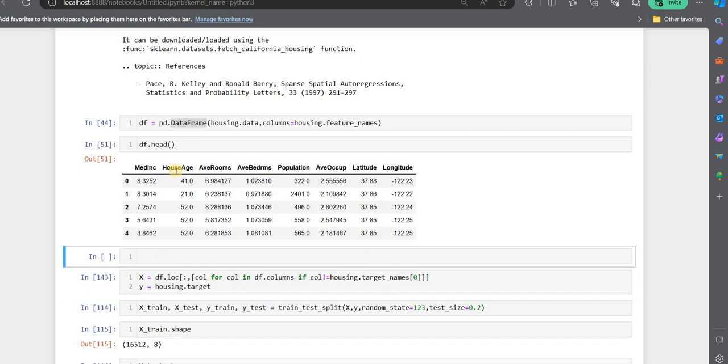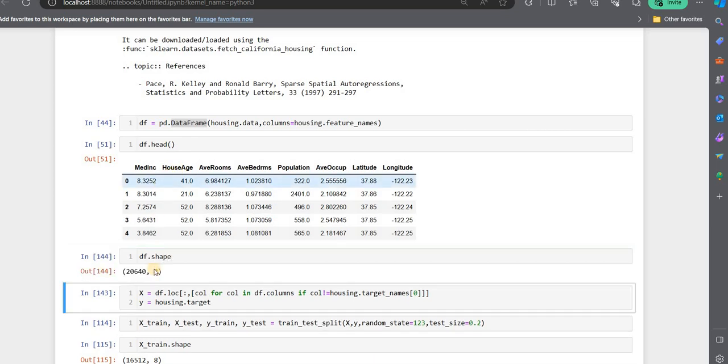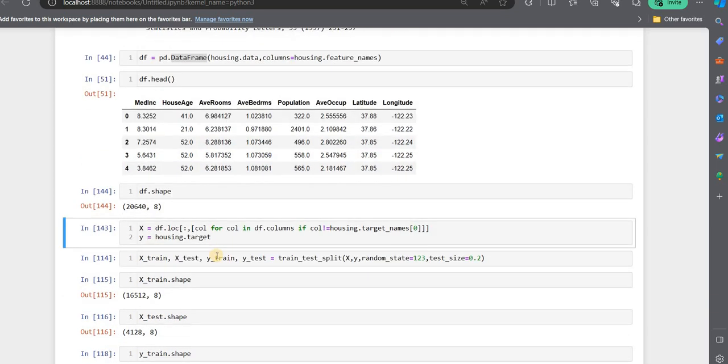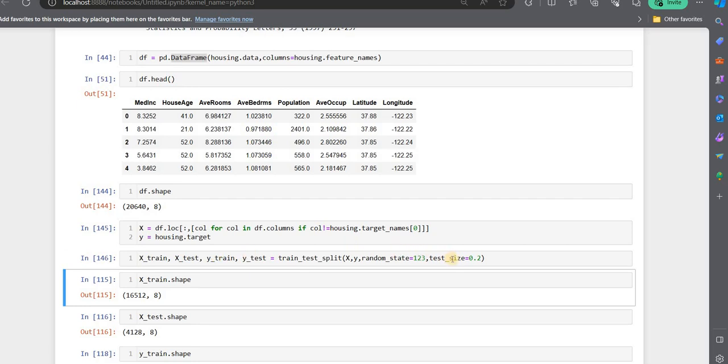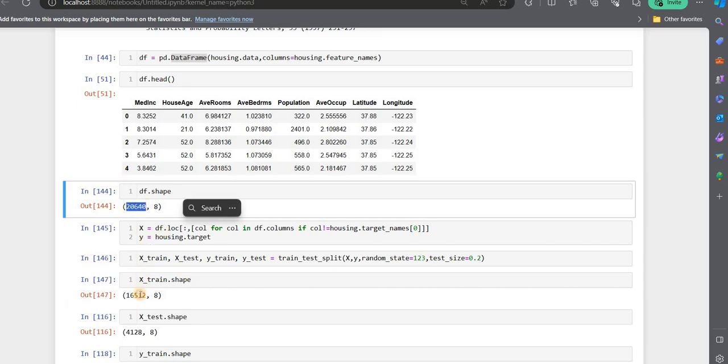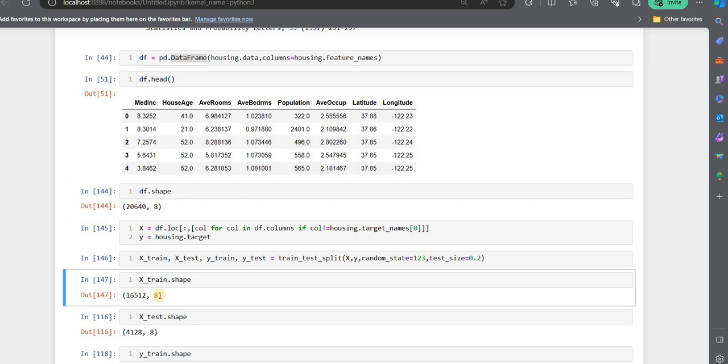Let's understand the shape with df.shape. It is 20,640. Now I'm saying test size is 0.2, which means train will have 80%. 80% of 20,640 comes to 16,512.